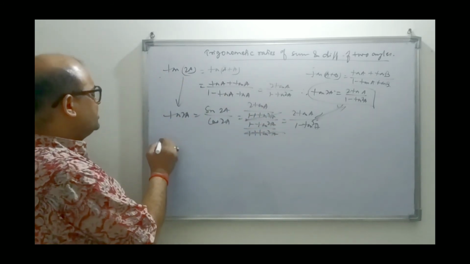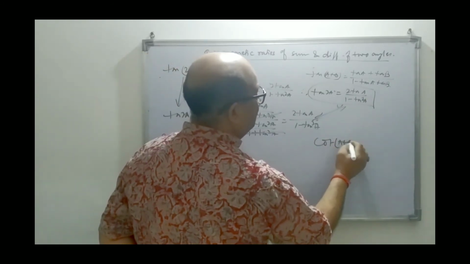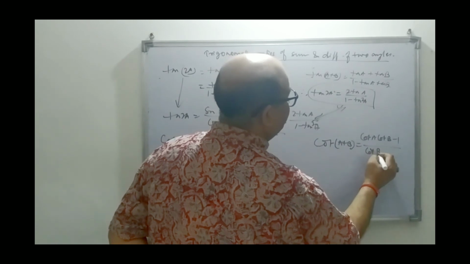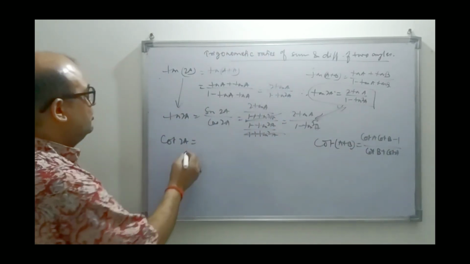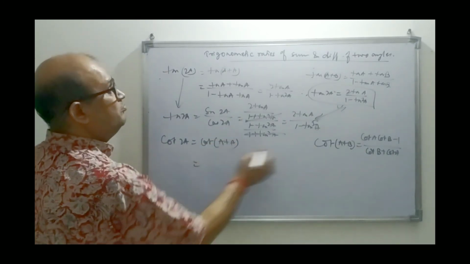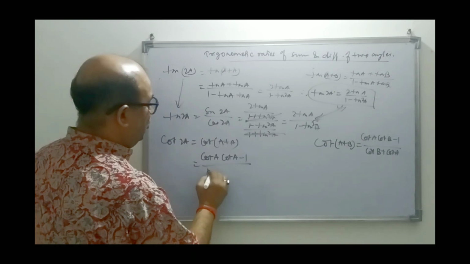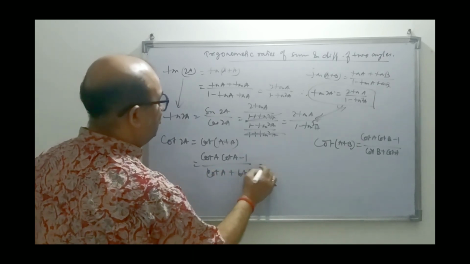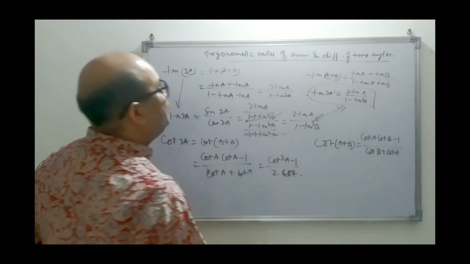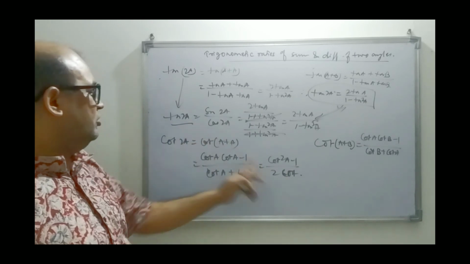Now, next let us go to cot 2A. We know cot A plus B equals cot A cot B minus 1 upon cot B plus cot A. Put the identities: cot A plus A can be written as cot A cot A minus 1 upon cot A plus cot A. So what I got is cot square A minus 1 upon 2 cot A. If you take the reciprocal of the tan 2A identity, cot 2A, then also we can prove it.